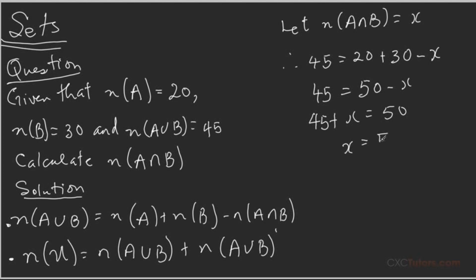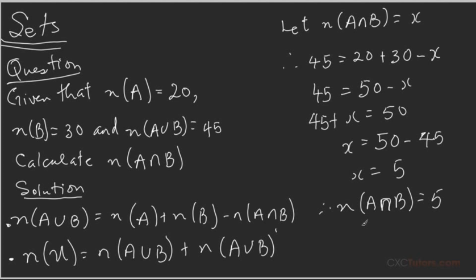To get it, we have 50, which is the result, minus the 45. And so X is equal to 5. So it means that the intersection of the two sets A and B is equal to 5. And that takes care of the question.